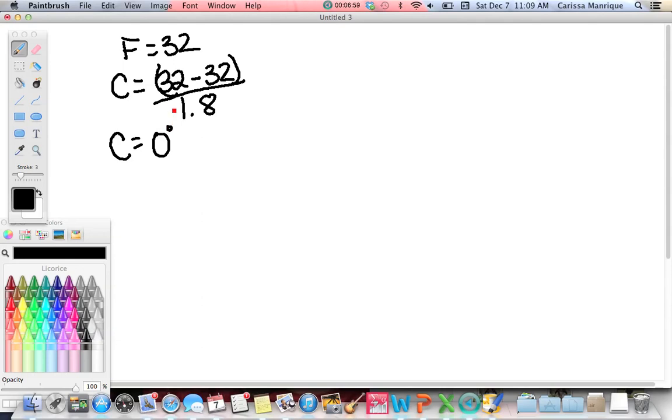Think about this: it's the freezing point of water. The Celsius scale is based on water. So when you have 0, that is the freezing point of water, and in Fahrenheit, that is 32. Now let's convert this to Kelvin. This formula is Kelvin equals Celsius plus 273.15. Kelvin is what we're solving for.